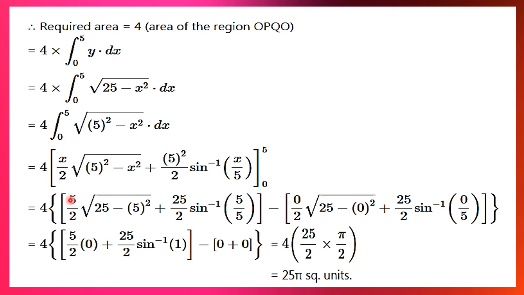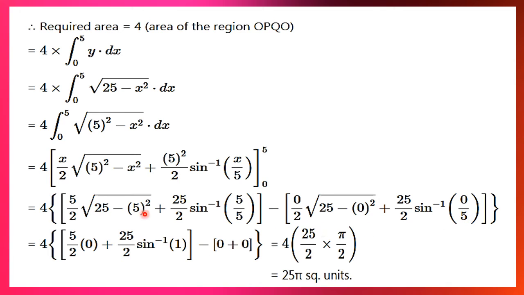So, first apply the upper limit, that is 5 upon 2 into root of 25 minus 5 square plus 25 upon 2 into sine inverse 5 upon 5, minus applying the lower limit, 0 upon 2 into root of 25 minus 0 square plus 25 upon 2 into sine inverse 0 upon 5.